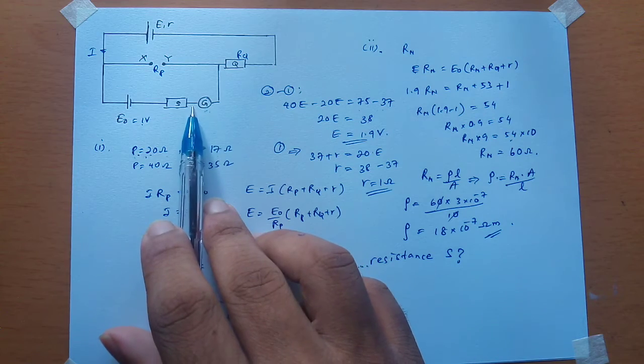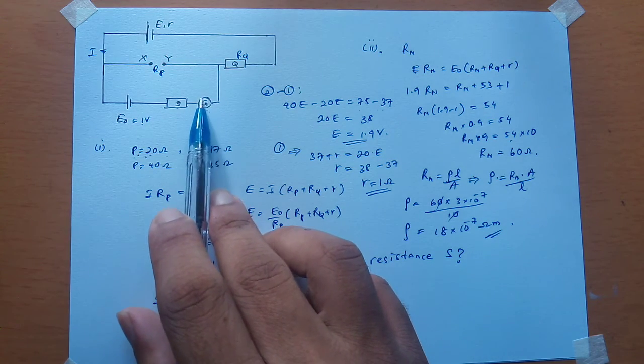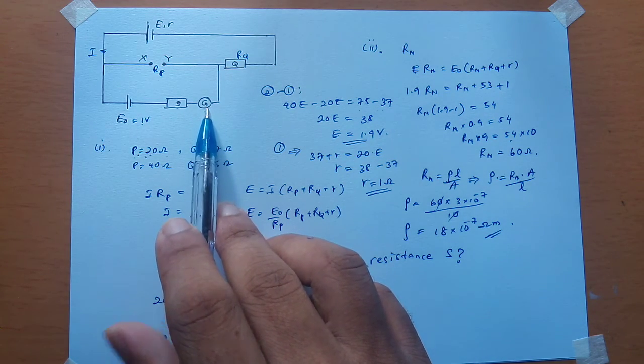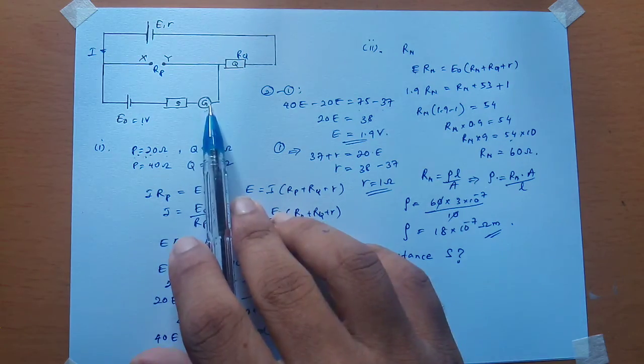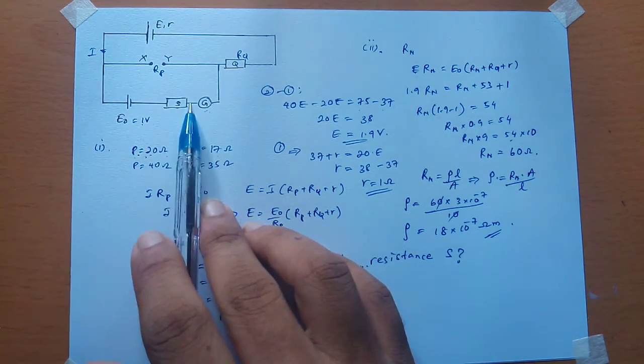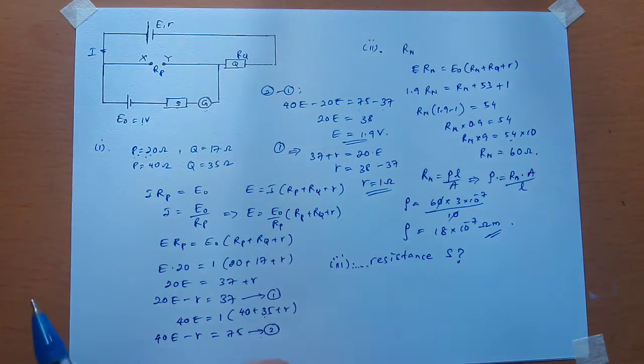If a large current passes through it, the galvanometer could be damaged. So in order to avoid that, we use a large resistor in series with the galvanometer. So the answer should be, we can write, for the safety of the galvanometer.